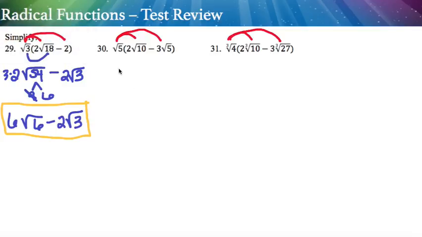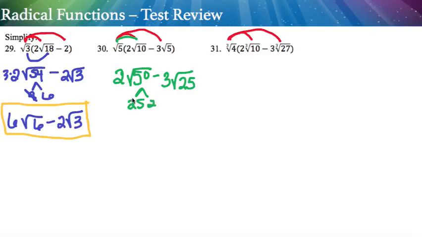Okay, let's do the next one. So the next one's going to be 2. Remember, I'm going to do this one right here. That's the square root of 50 minus 3 square root of 5 times 5 is 25. Okay, let's break it down. So this one is just 25 and 2, right?